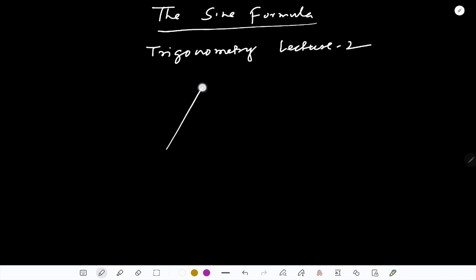Basically, if you have a triangle like this, with corners named A, B and C, you can name the side lengths as well. As you can see, the BC length is just opposite to corner A, so you can denote it by a small a, and in the similar manner you can denote the AC length by a small b and AB by a small c.